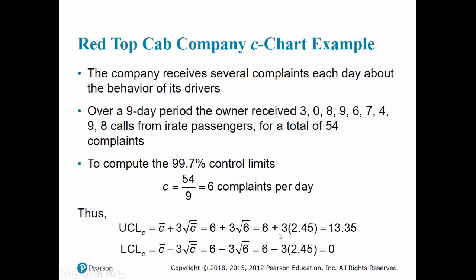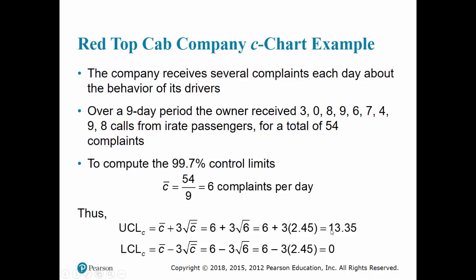Okay, so here is an example. Suppose over a 9-day period, we received complaints from the drivers of the company. So you have 3 complaints, 0 complaints, 8 complaints, 9 complaints, and so on. So find the average, 6 complaints per day. Then you substitute into this, and you get the lower and the upper control limit.